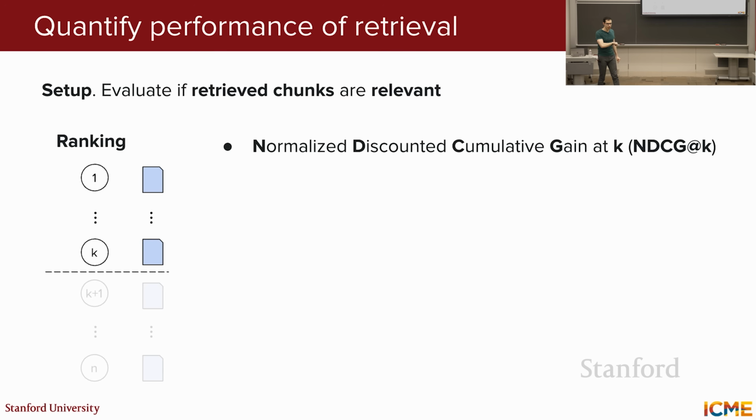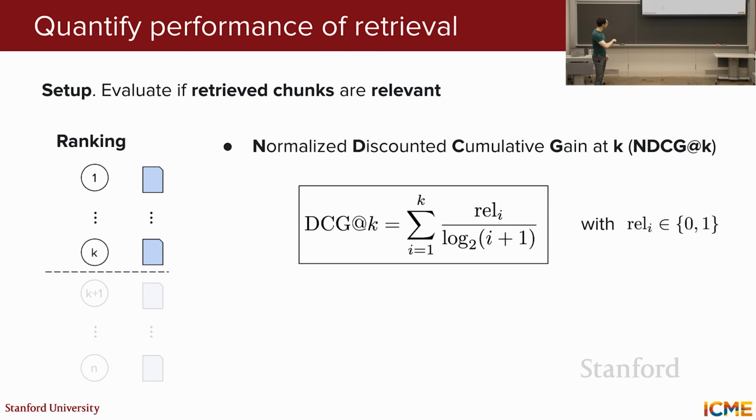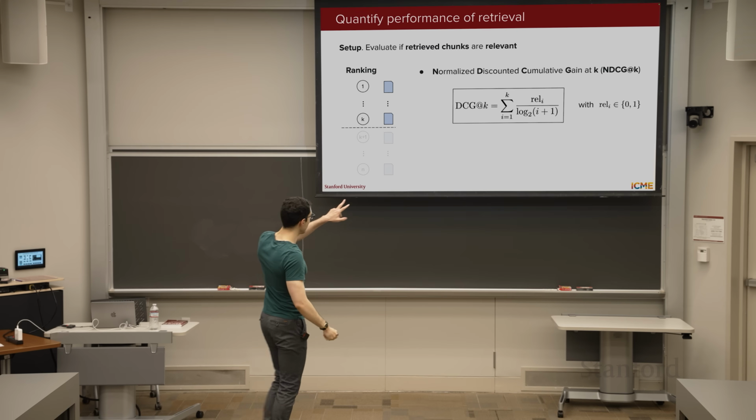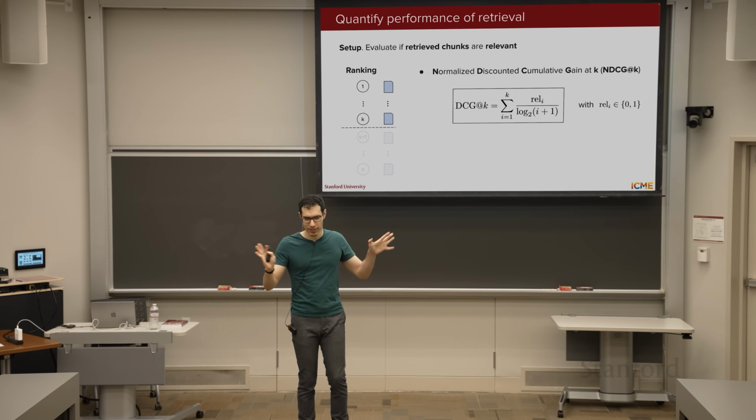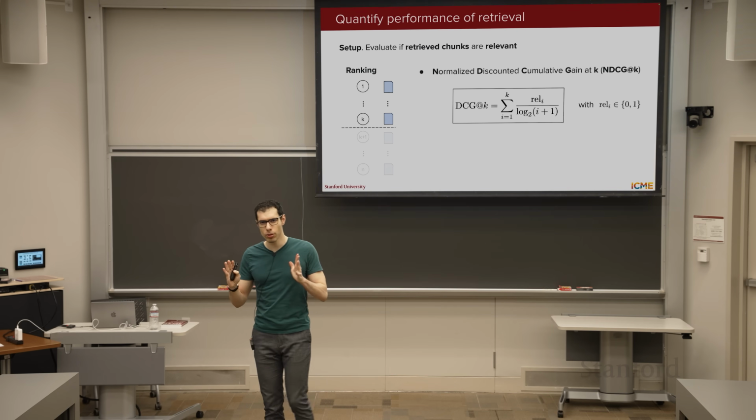The first metric that you will likely use is called NDCG. So it's a lot of letters. I'm going to just explain what that means. NDCG tries to quantify how good your ranking is by taking into consideration where you ranked relevant documents. You have this formula that may seem scary, but it's actually quite simple what it's trying to do.